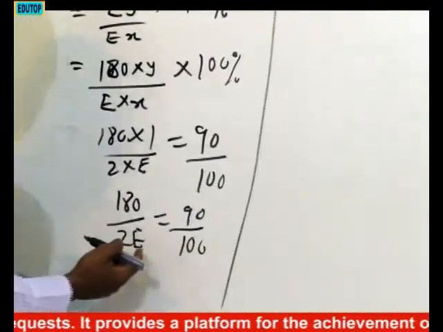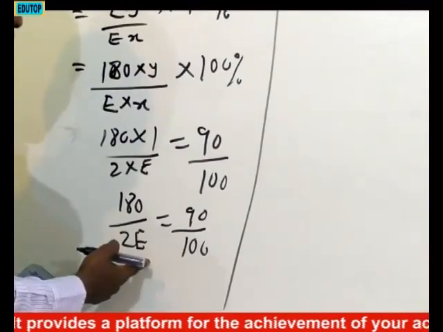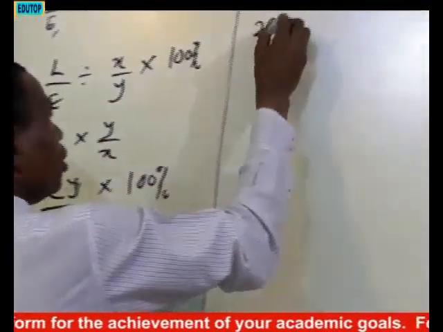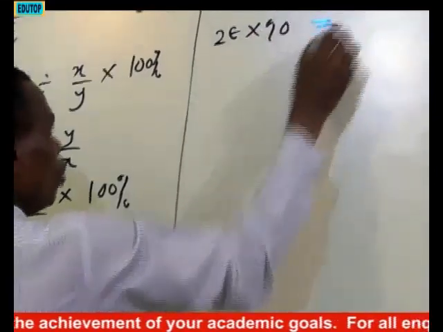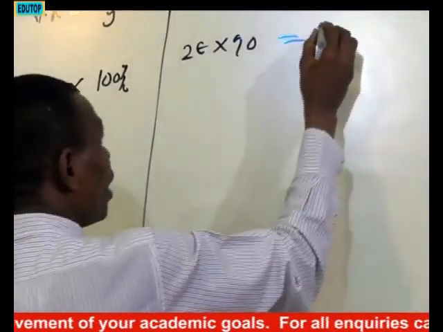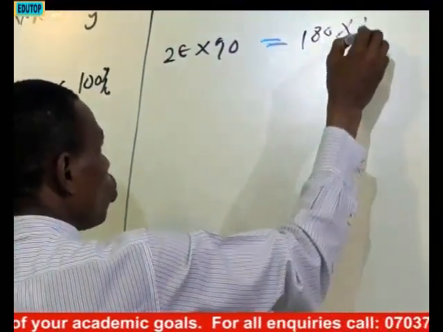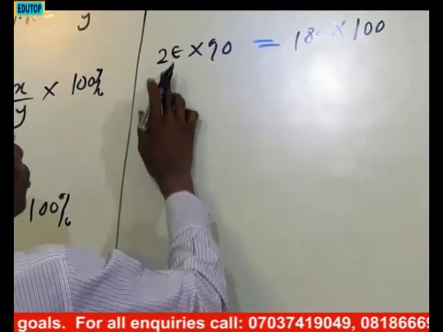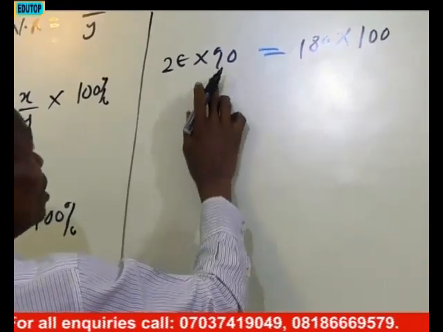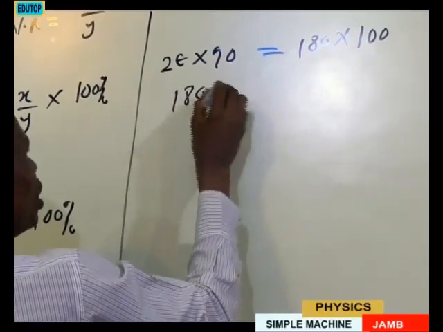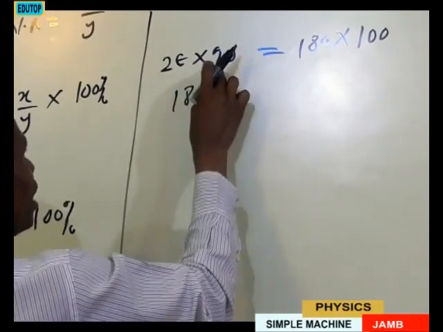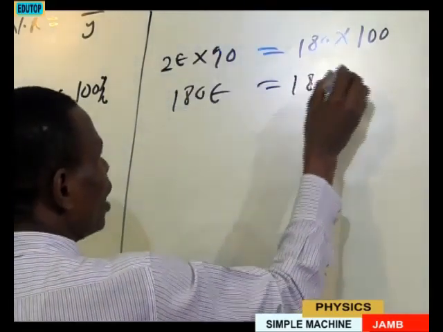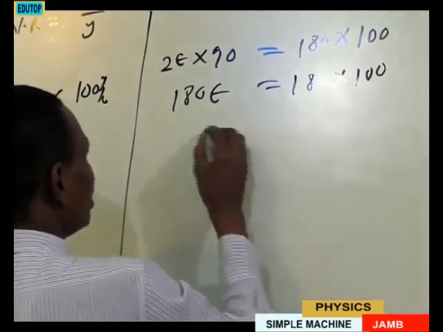From there we can quickly make 2E times 90 equal to 180 times 100. And we are going to have 2 times 9, that's 18, so 180E.